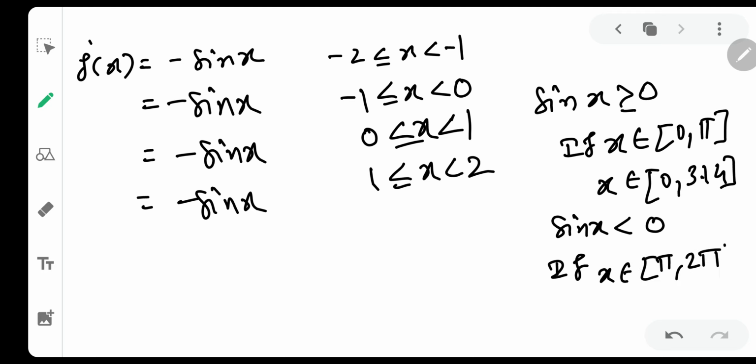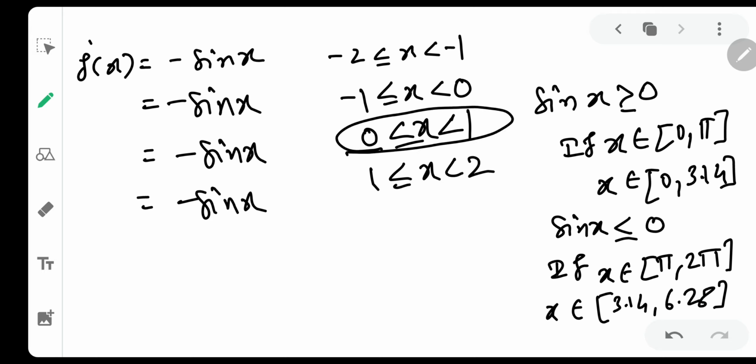What does it mean? It means x belongs to 3.14 to 6.28. Okay, let us check for 0 to 1. For 0 to 1, it is definitely lying between 0 to 3.14. Therefore, sin x will be positive, so minus sin x will be negative. So the function is decreasing in this particular domain.